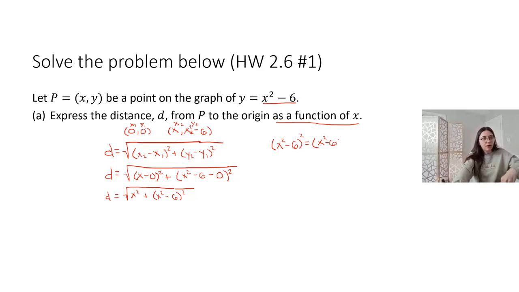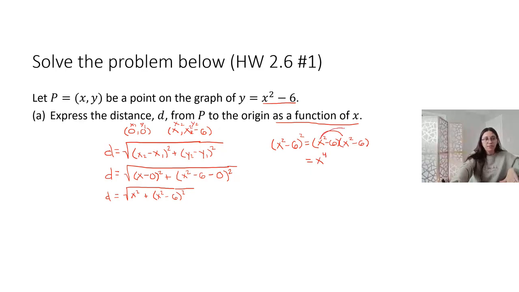There are plenty of methods that we can use to multiply out these two binomials. We're going to do that over here on the side so we can plug it into our formula. So (x squared minus 6) times (x squared minus 6), we're going to use our double distribution method. We distribute x squared to x squared, that's x to the fourth.